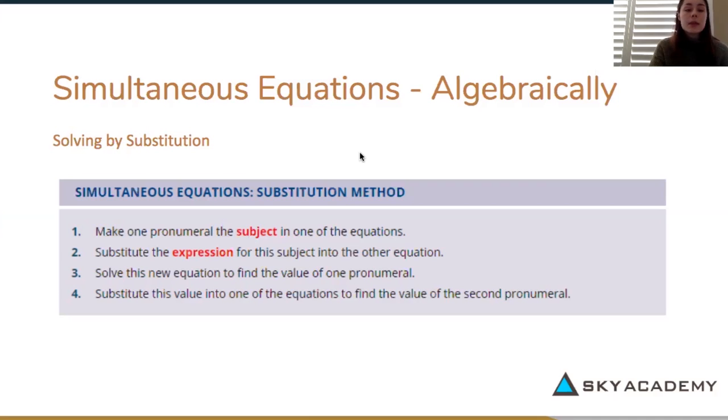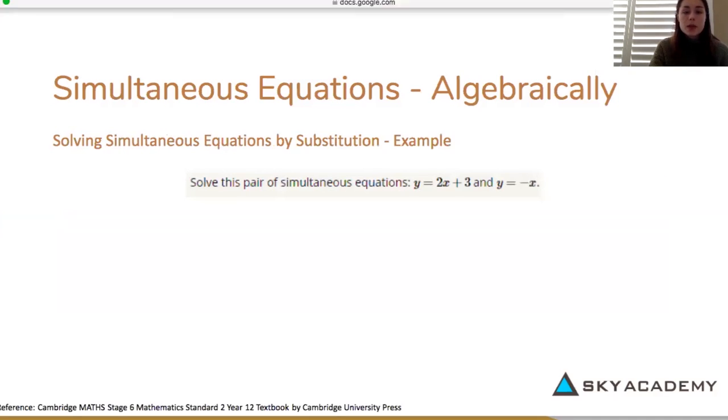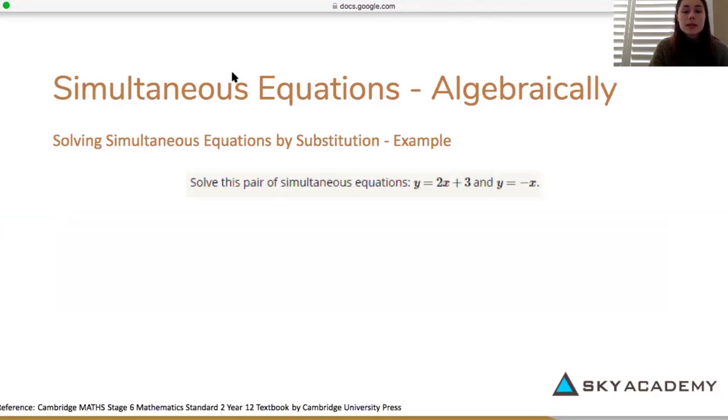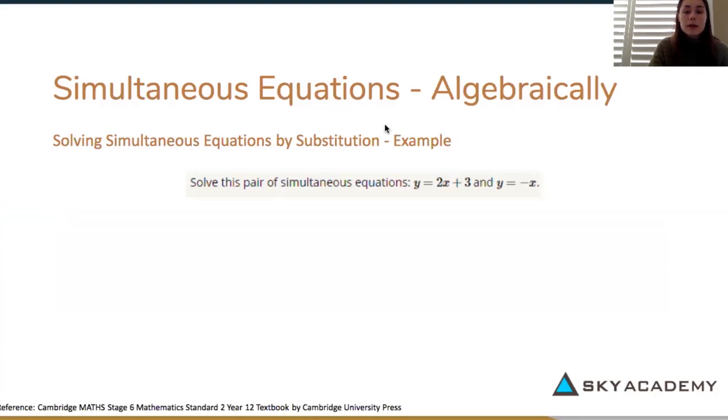So here we have a pair of simultaneous equations, and we have to solve through the substitution method. So first thing I'm going to do is write down my two equations. So we have y equals 2x plus 3 and y equals negative x. And I'm going to label these equations as equation 1 and equation 2.